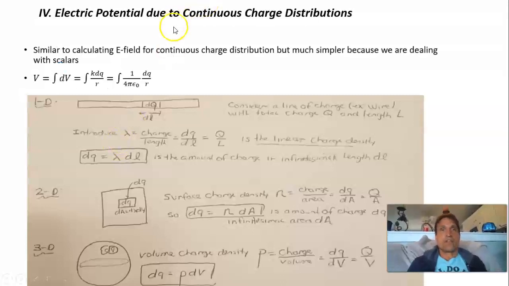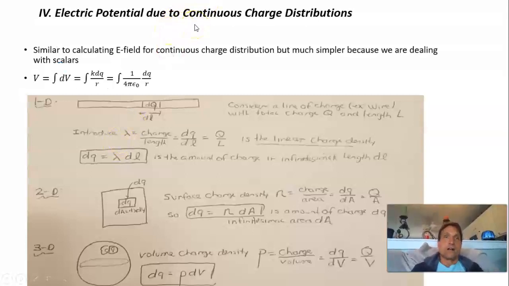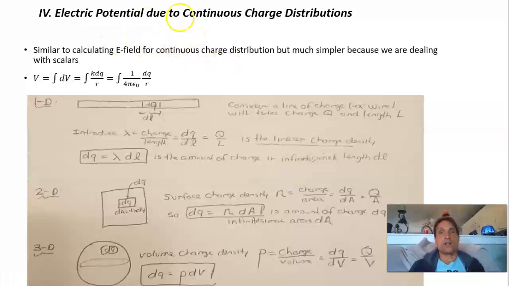Finally, what happens if we want to calculate the electric potential due to continuous charge distributions? If you recall, similar to the electric field, what we do here is sum up the contributions of each of the little elements dq along the source to get the total potential.